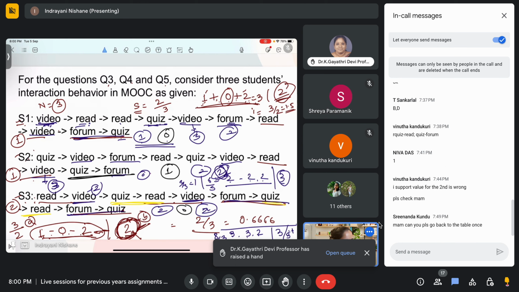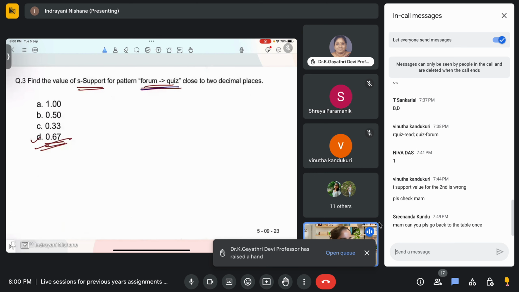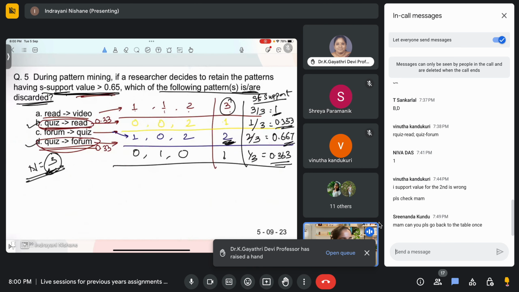So if you see the significance for all the different nodes, it will give you some number. We calculated S support here, so we could arrange them in ascending and descending order.